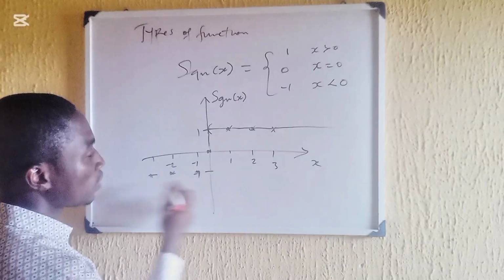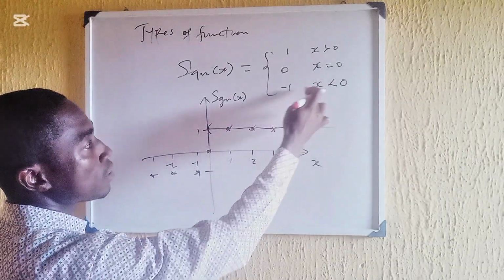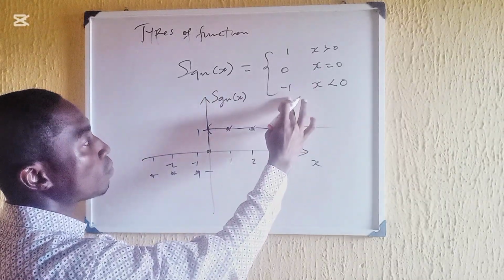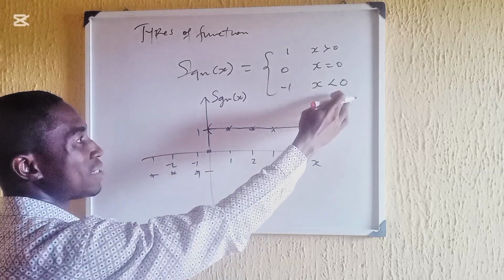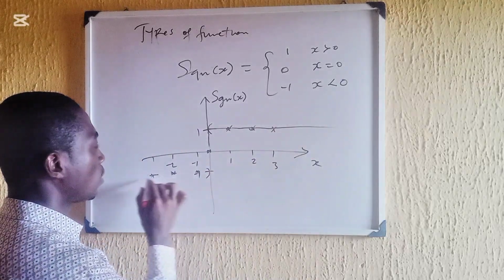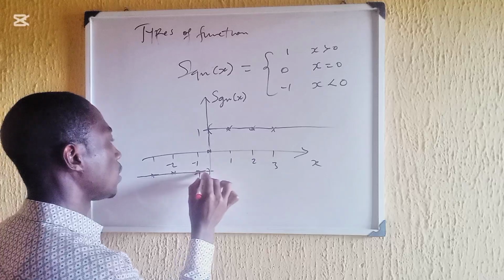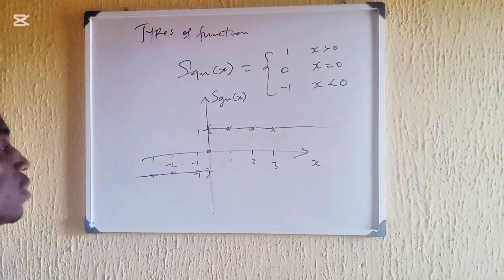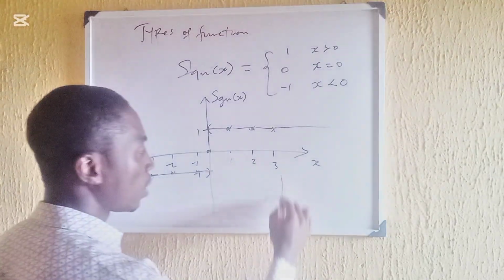Then the same thing applies to here. The signum function is equal to minus 1 when x is less than 0. So we'll also use a normal bracket here. Then we'll draw a line that extends to infinity. So this is what the signum function looks like.